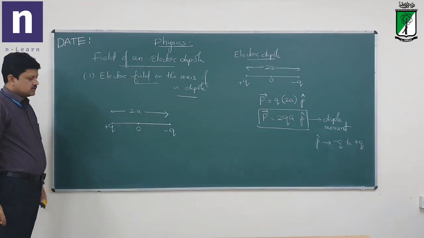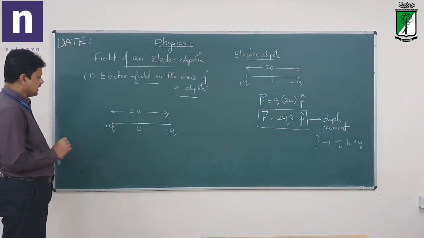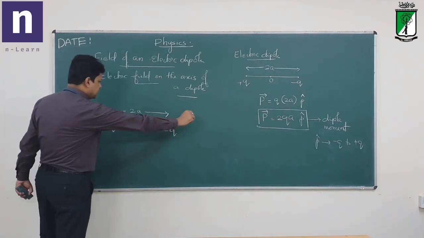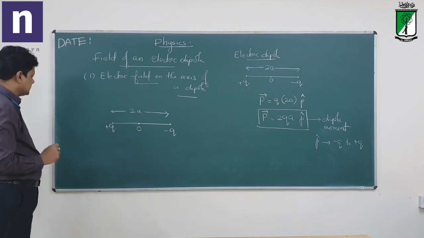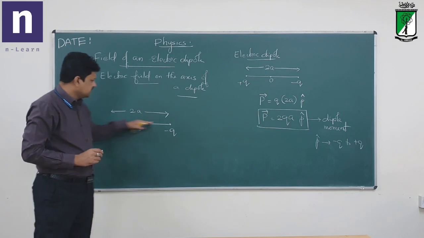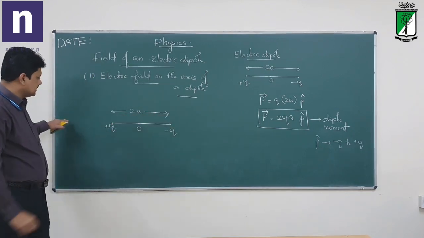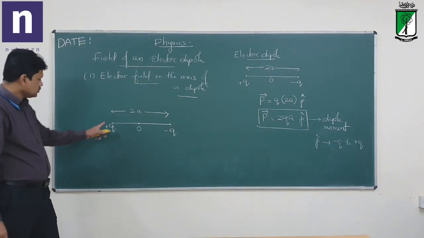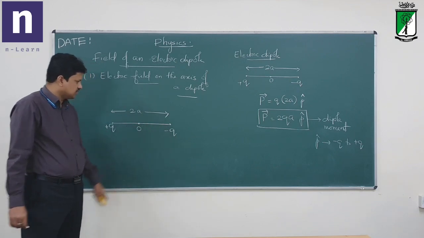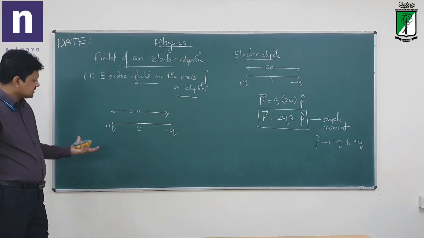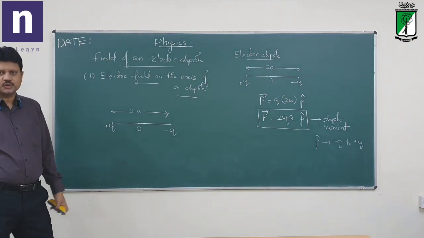At some point P, I want to find the electric field, and that point P is on the axial line. Where is that axial line? The axial line is the line joining the two charges, that is the dipole length. Then you find the electric field due to these two point charges at that point and take the vector sum of those two fields to get the net field due to this electric dipole.